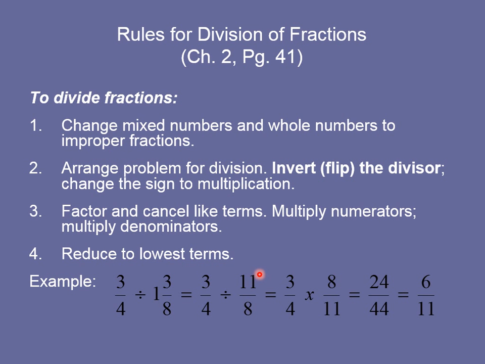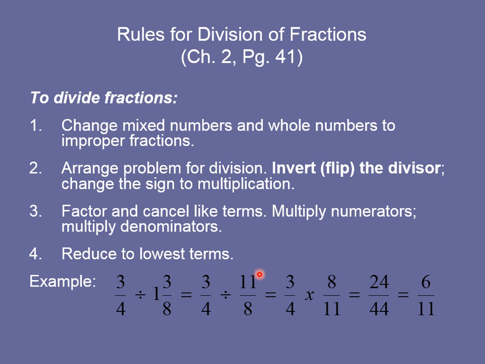It was 11 by 8, and you change it to 8 over 11. And then the rest is multiplication. So division is actually a multiplication. You just change the operator from division to multiplication, flip the second number, and the rest is multiplication.